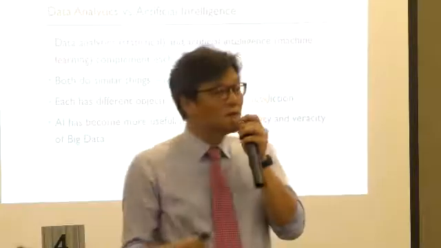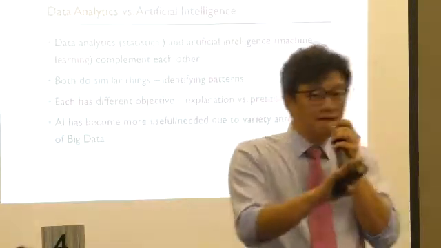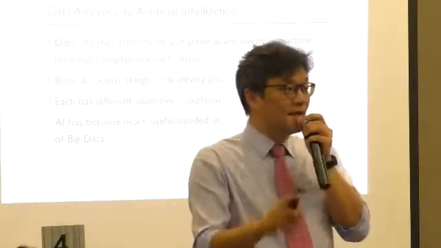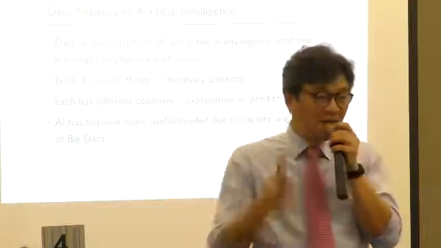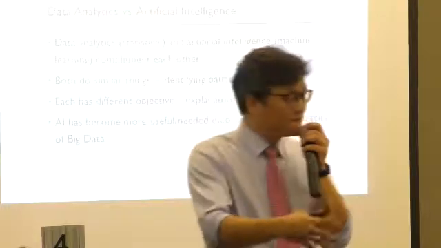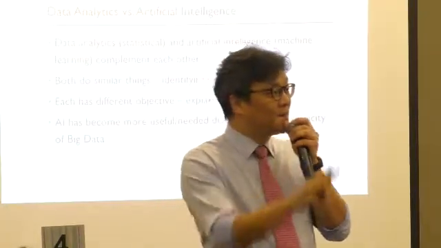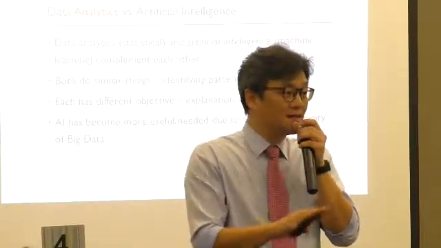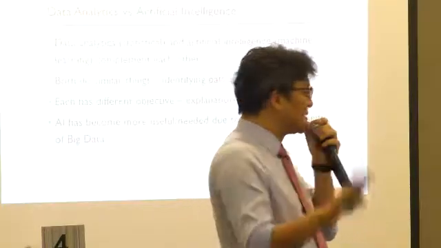And so we use AI techniques very commonly with data analytics. If you see the kinds of research people are doing nowadays, or some of the things companies are doing with data analytics, a lot of it is actually based on AI.